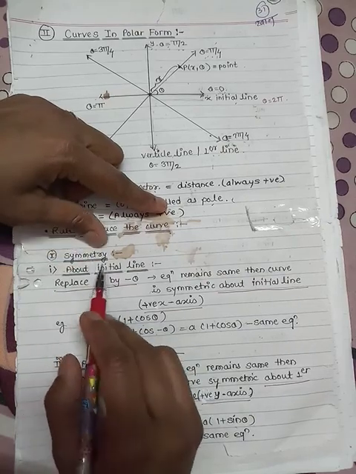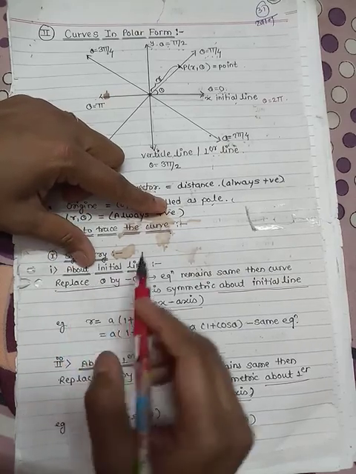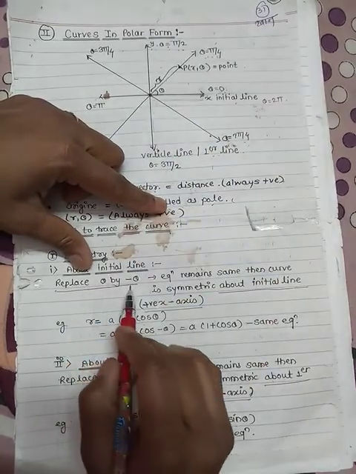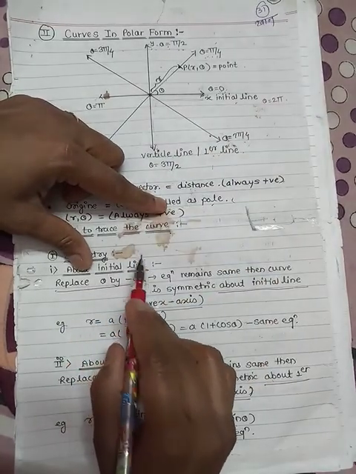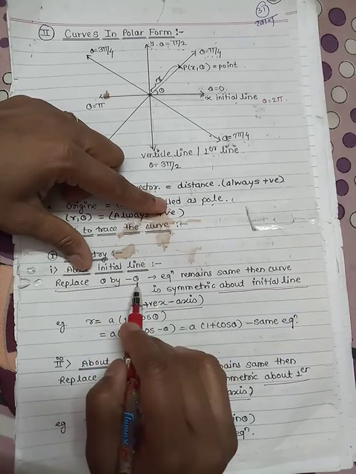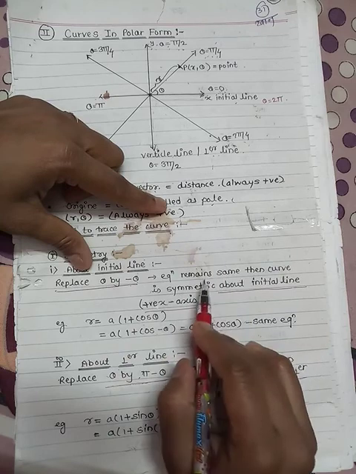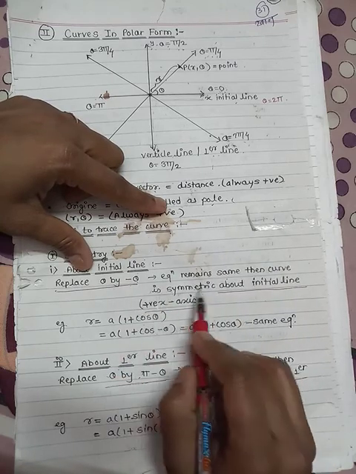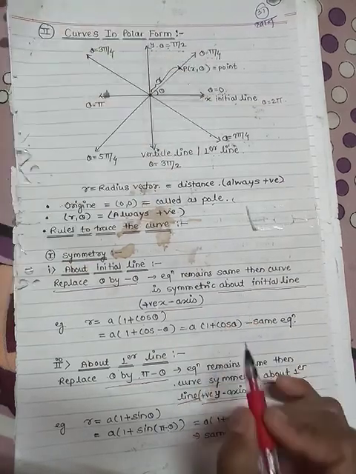First, how to check symmetry about the initial line. Initial line means the positive x-axis. So replace theta by minus theta, because the given example contains an r, theta equation. In the given example, replace theta by minus theta, and by simplifying, if we get the original equation again, then we can say that this symmetry is about the initial line, that is the x-axis.